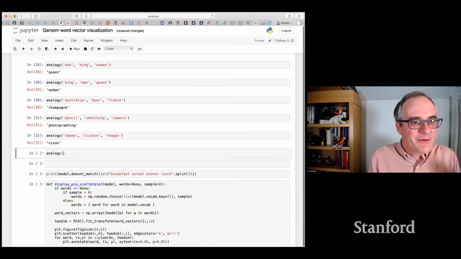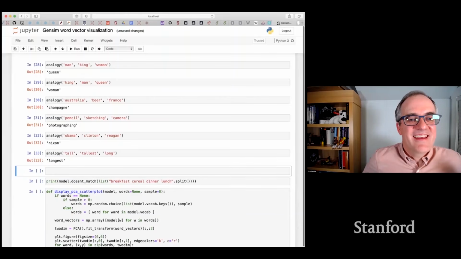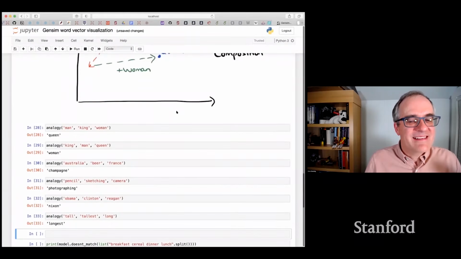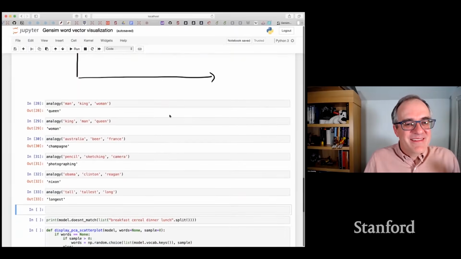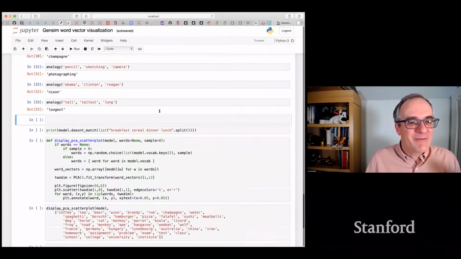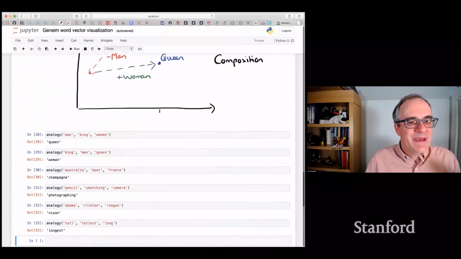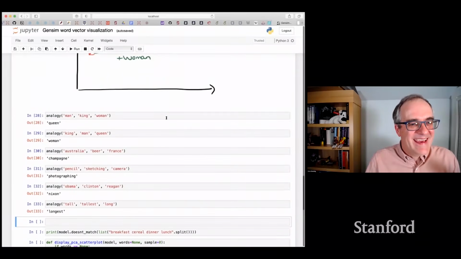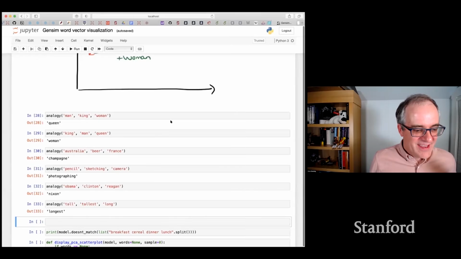You can also do linguistic analogies with it. You can do something like analogy: tall is to tallest as long is to what, and it does longest. So it really just knows a lot about the meaning and behavior of words. I think when these methods were first developed, and hopefully still for you, people were just gobsmacked at how well this worked at capturing the meaning of words.